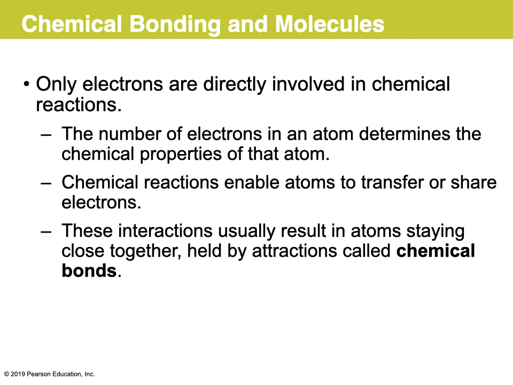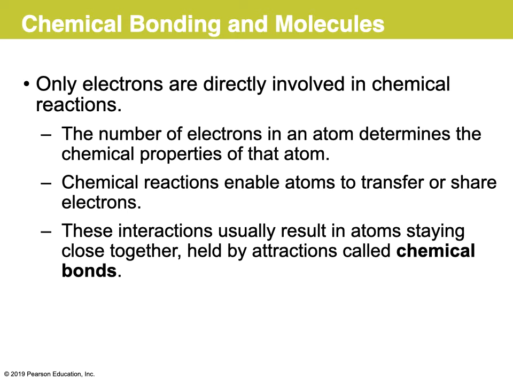Now, when you talk about chemical reactions, the only players in a chemical reaction are the electrons. Because think about it, if you have 2 atoms next to each other, what's going to come into contact first will be the electrons that are circling the nucleus of each of those atoms. So only electrons are directly interacting in a chemical reaction. The number of electrons that an atom has tells you the chemical properties of that atom.